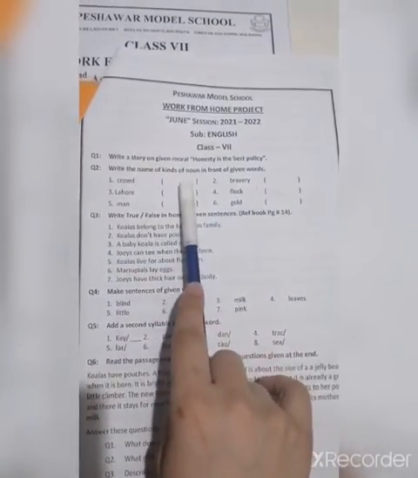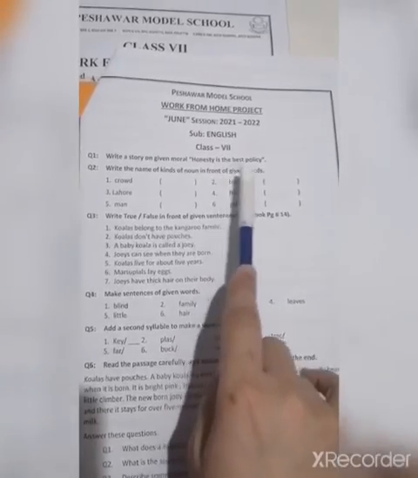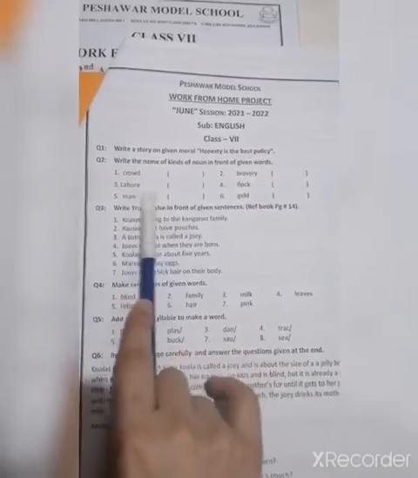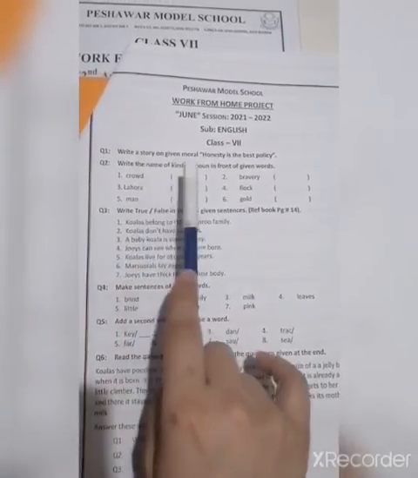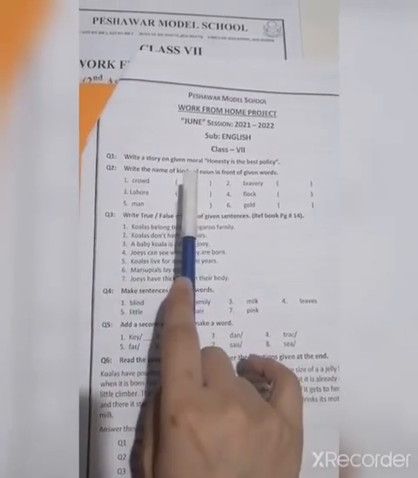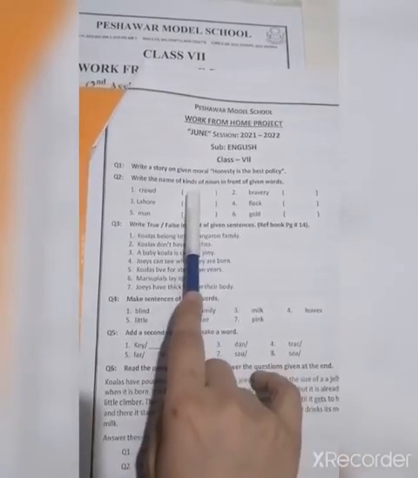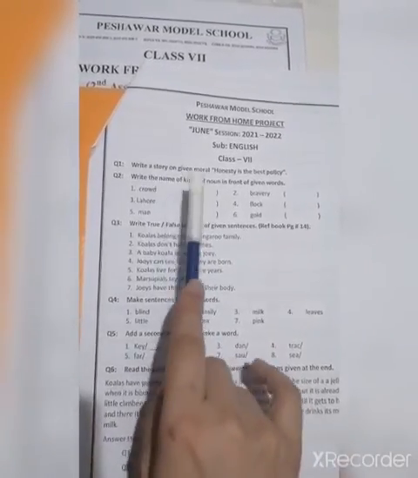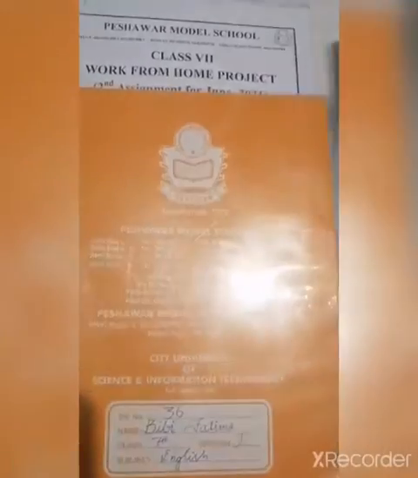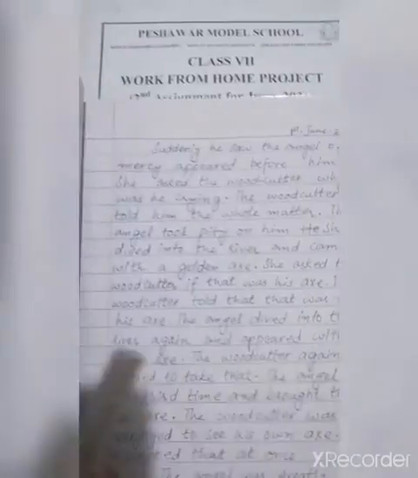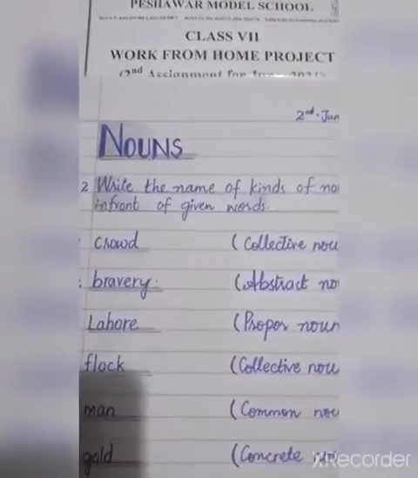Write the name of kinds of noun in front of each given word. We have given some words and they are asking us to put the proper type of noun here in the blank or the bracket.